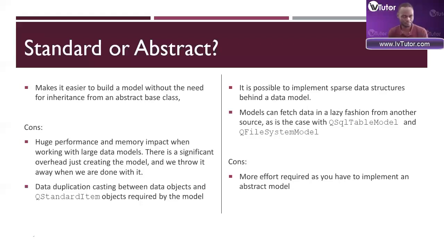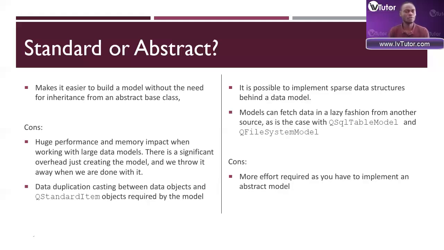Which one would you choose? There is no wrong choice. It just depends on the context. What are you going to use it for? For that kind of question, I don't think there is an absolute correct answer, like you must always choose the QAbstractTableModel, or you must always choose the QStandardItemModel. The question is, can you justify your choice?